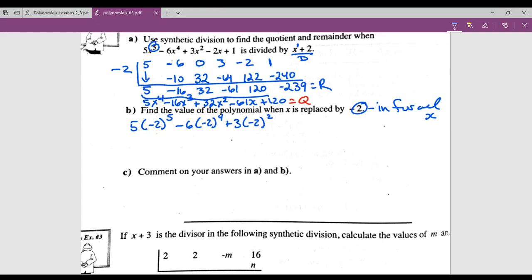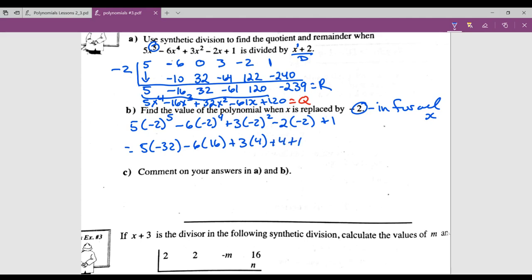Remember, -2 needs to go in brackets every time. -2 is -2. -2 to the 5th is -32. -2 to the 4th is +16. -2 squared is 4. -2 times -2 is positive.